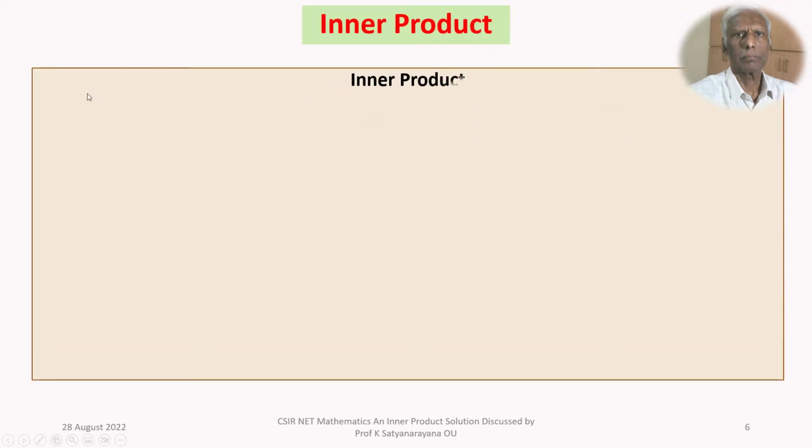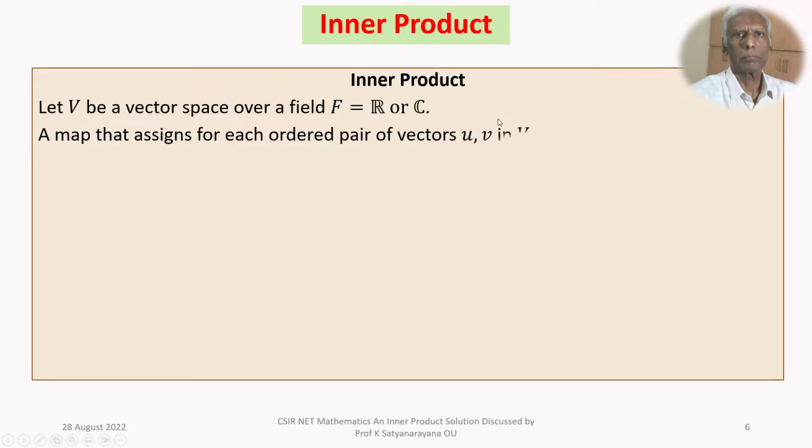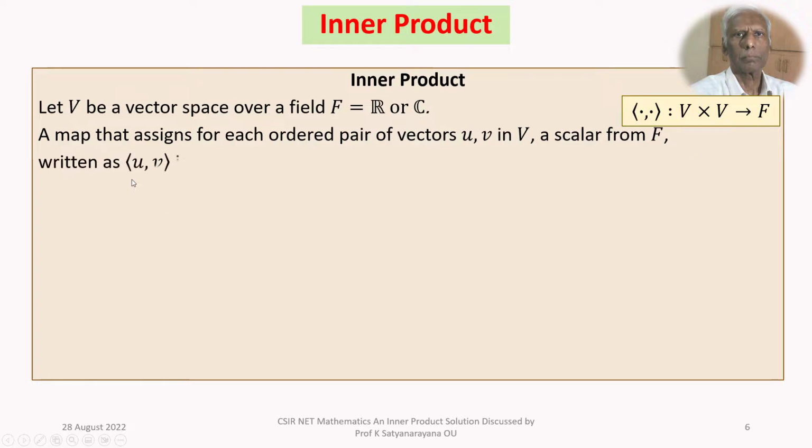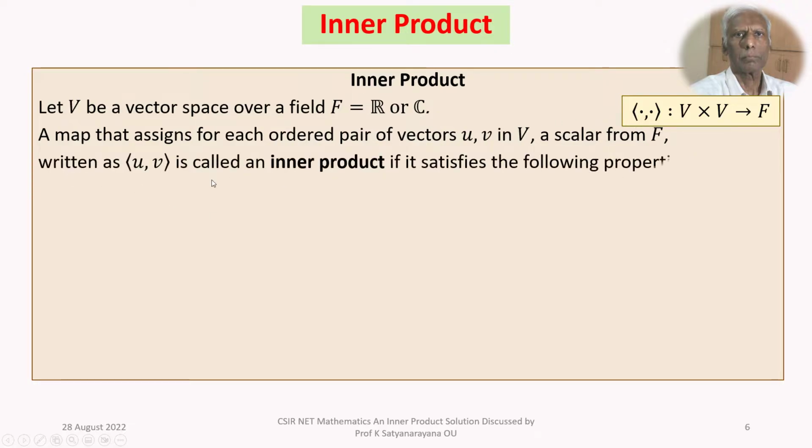Let's now recall the definition of an inner product. We have V, a vector space over a field F of real numbers or complex numbers. A map that assigns, for each ordered pair of vectors u comma v in V, a scalar written as bracket u comma v is called an inner product if it satisfies the following properties.